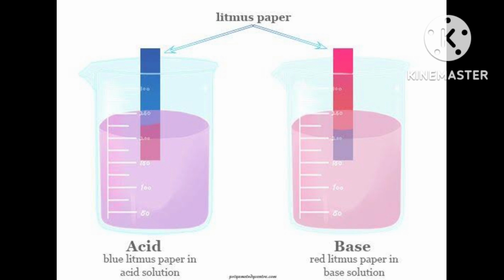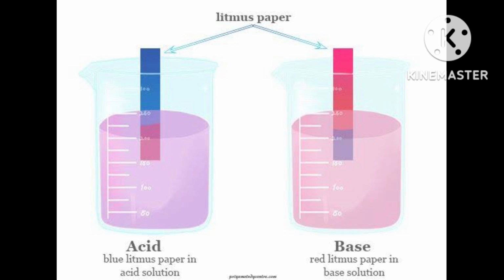Today I am going to discuss the concept of acids and bases. There are two main concepts: first is the Arrhenius concept of acids and bases, and second is Lewis acids and bases.